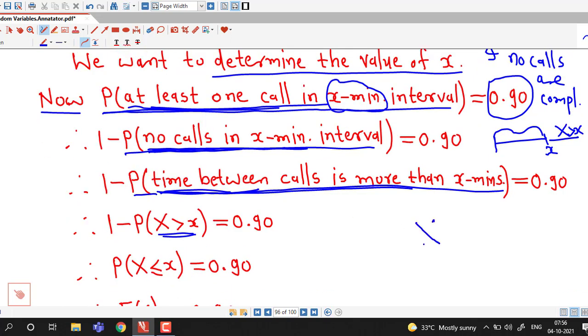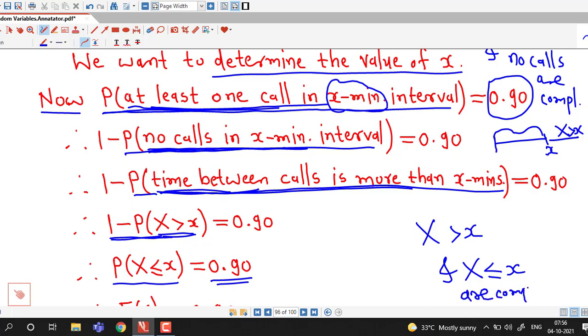Now these two events are complementary events. Capital X greater than x and capital X less than or equal to x are complementary events. Therefore we can write this probability as the probability that capital X is less than or equal to x is 0.90, because the sum of their probabilities must be 1.